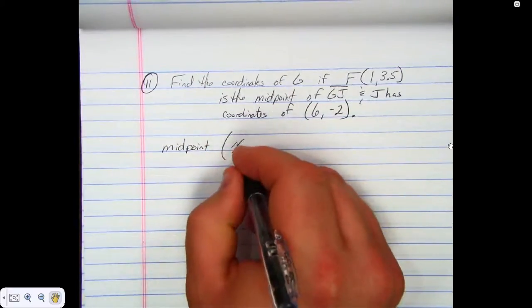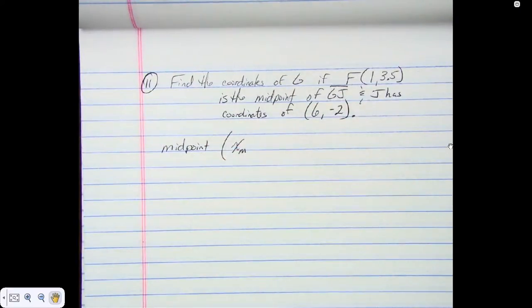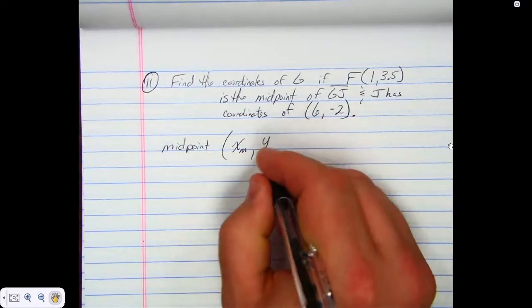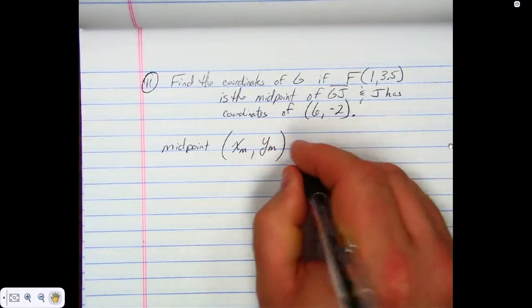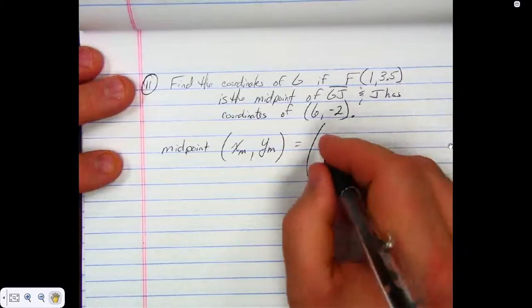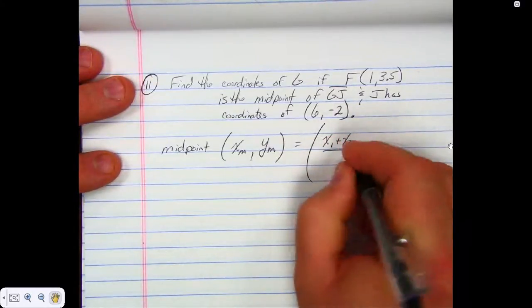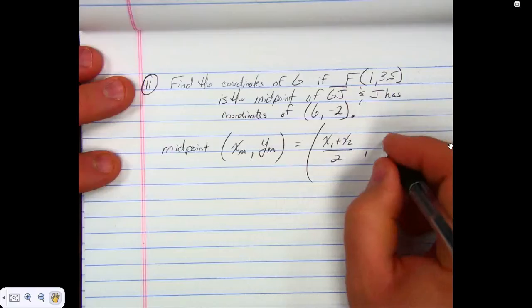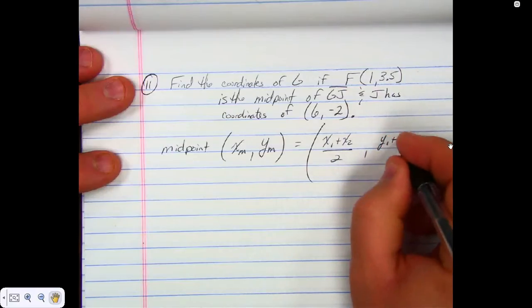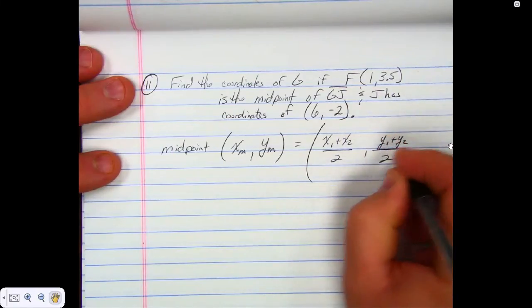The x value, and I'm going to put a little subscript m right there, to say the x value of the midpoint, and the y value of the midpoint is equal to, in big parentheses, (x1 + x2)/2, comma, (y1 + y2)/2.